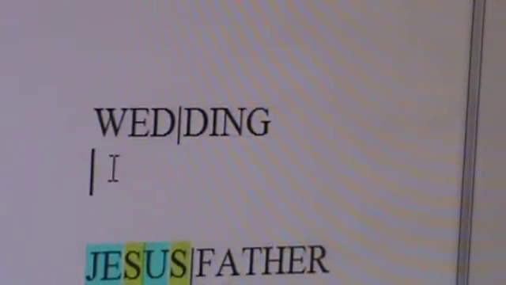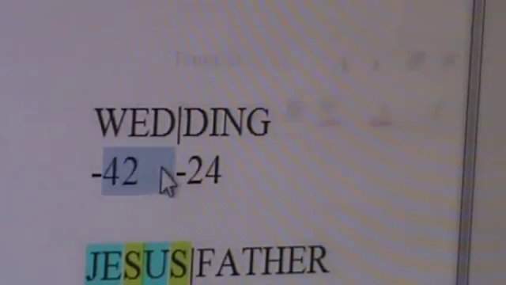Because that's Jesus minus 42, an offset of 6, and then ding is Father minus 24. And we've seen this many times before, and so that's an overall offset of minus 66, and then lo and behold, the word wedding equals 66. Okay, so wedding equals 66. Jesus Father is a double of 66.